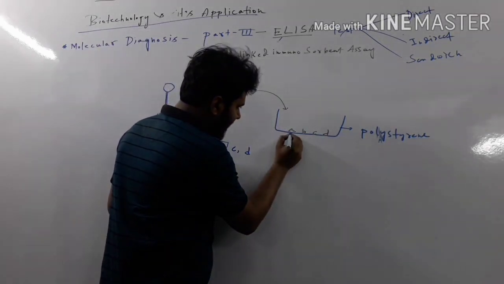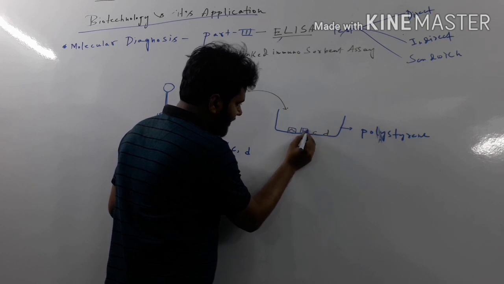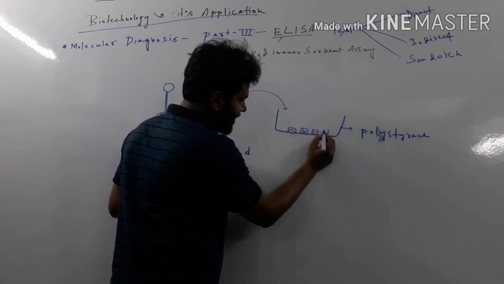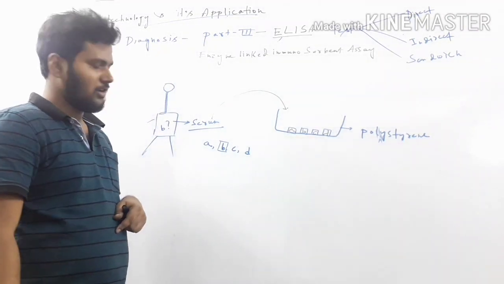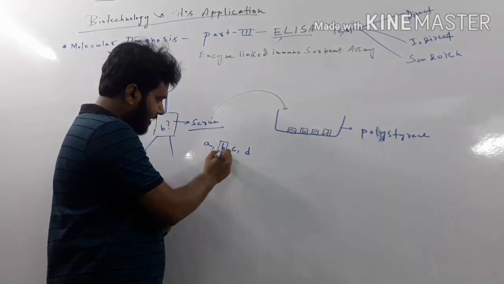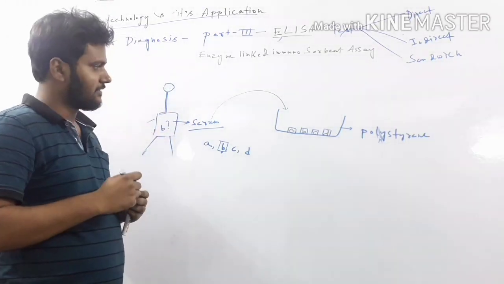So A antigen, B antigen, C antigen, and D antigen are added here. We are looking for B antigen.